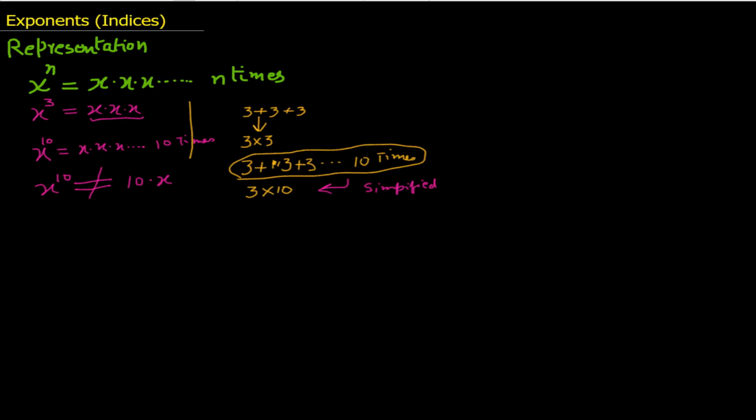So now you can see the difference between addition and multiplication and exponent. So similarly, for example, if we had 3 raised to the power 10 here, it would mean that we have to multiply 3 with itself 10 times. Not 3 multiplied by 10, but multiply 3 with itself 10 times. So this is the difference I wanted to show you by putting all these 3 operations together.